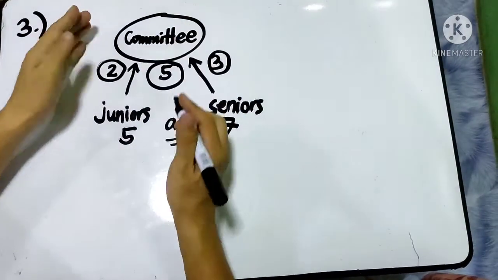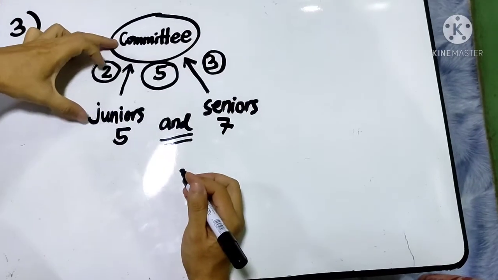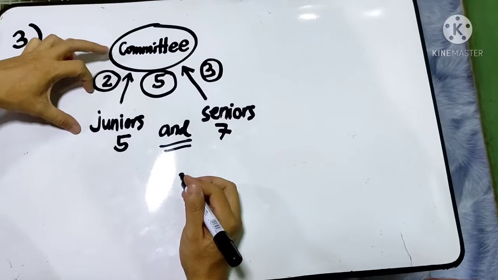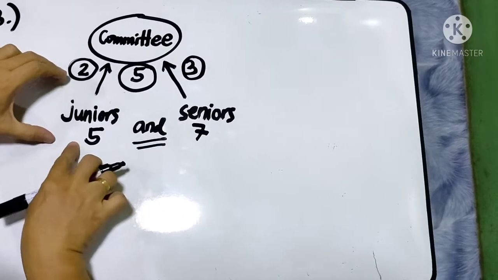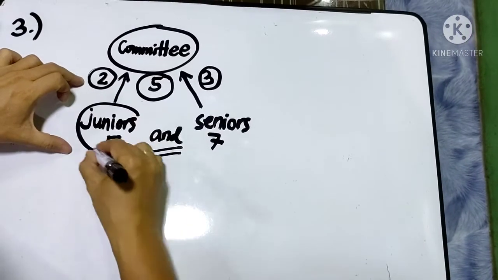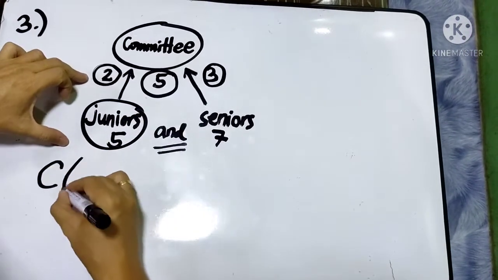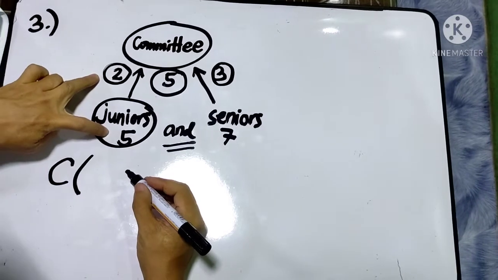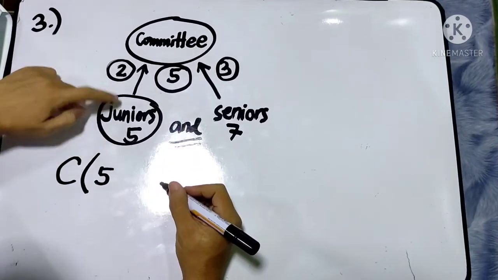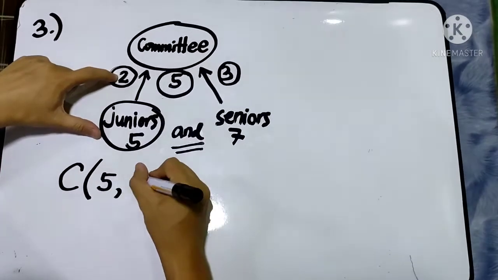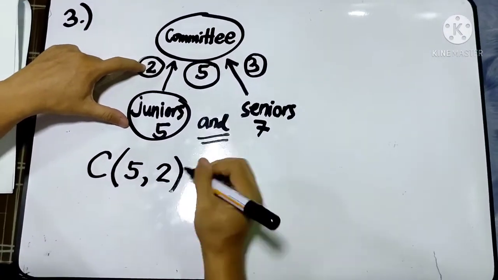So ito, makagawa tayo ng isang combination statement. Ito ay equivalent to combination of, ilan ba yung juniors? Merong 5. Ilan ang kukunin natin sa juniors? 2. So that is 5 taken 2.